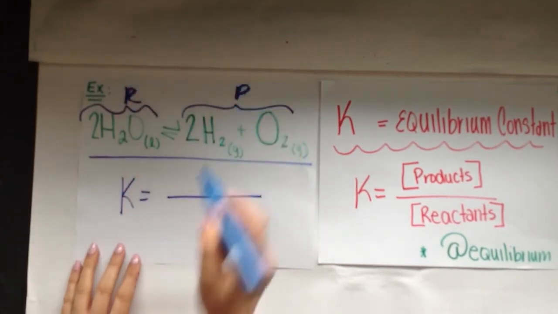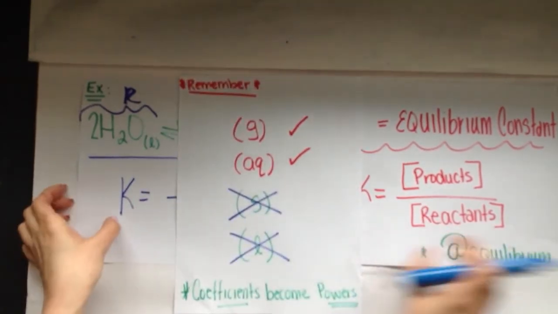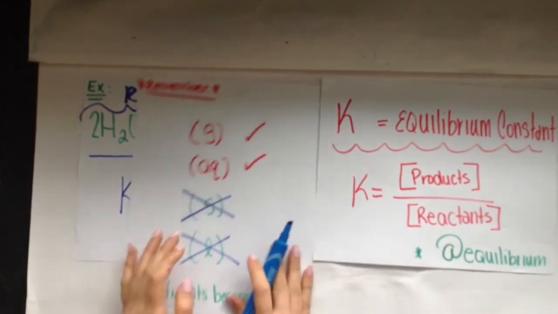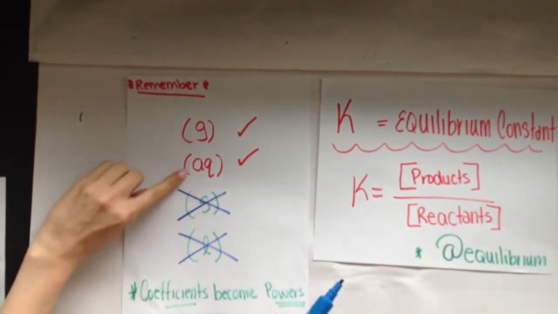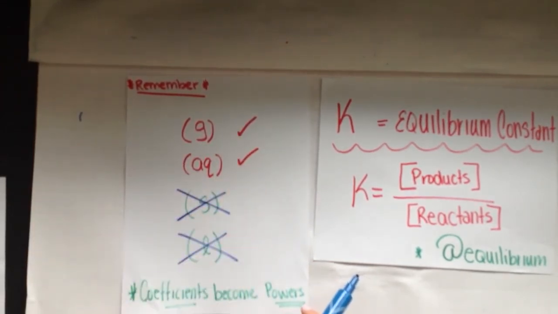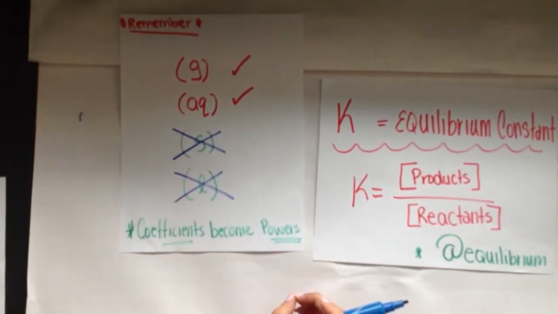Okay? Well, there's something that you need to know, and that is certain states of matter are not included in this equilibrium constant. And here they are. Gases and aqueous states of matter are included. Check mark, include them. But if you come across a solid or a liquid in your equation, don't put them into my equilibrium constant. Okay?